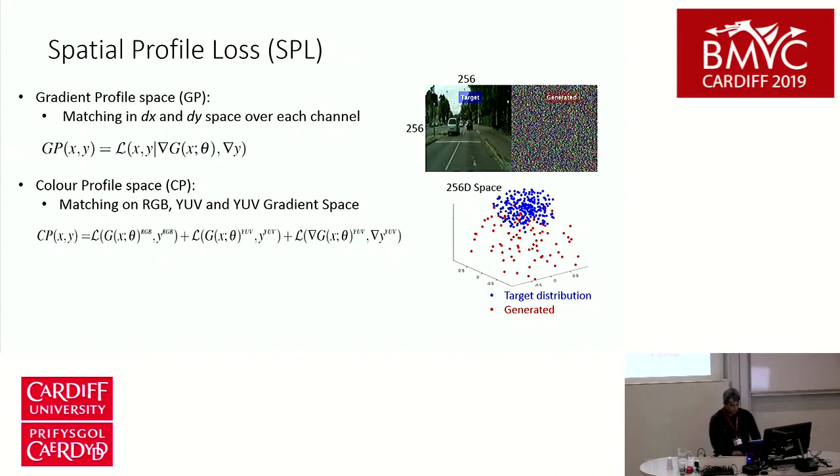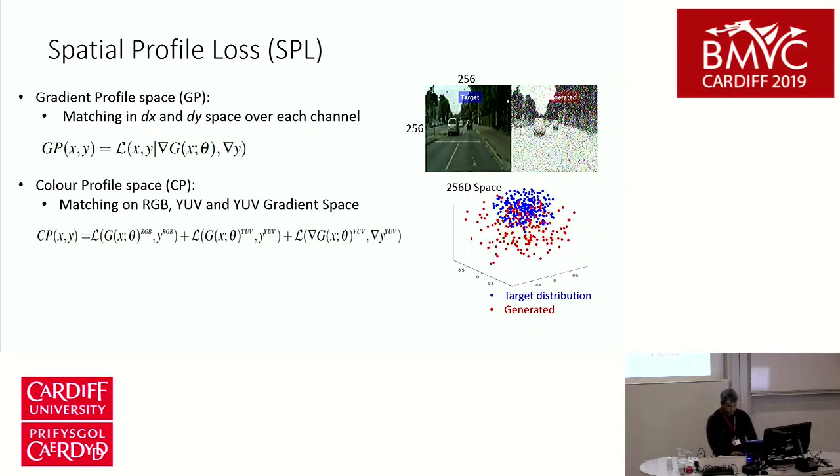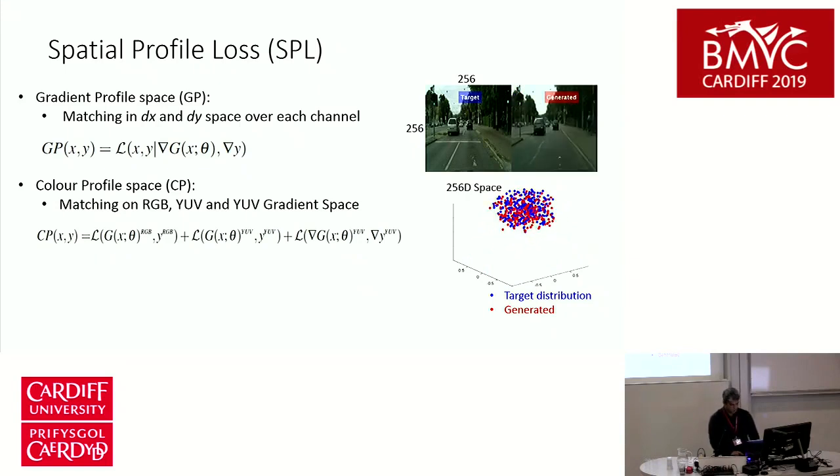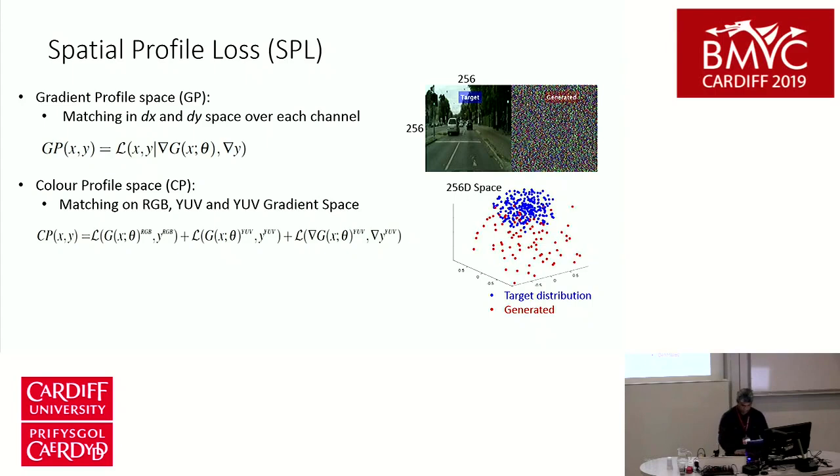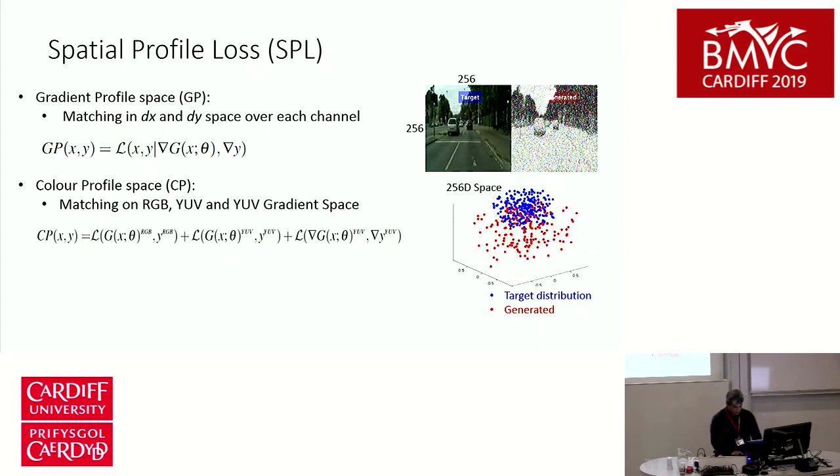The color profile, or the CP, so-called component, drives the color information. These two components together drive the shape and color separately, and also provide us control in how we want to use them. And I will show an example of this in the style transfer application later. So basically the spatial profile loss is then the sum of these GP and CP components.